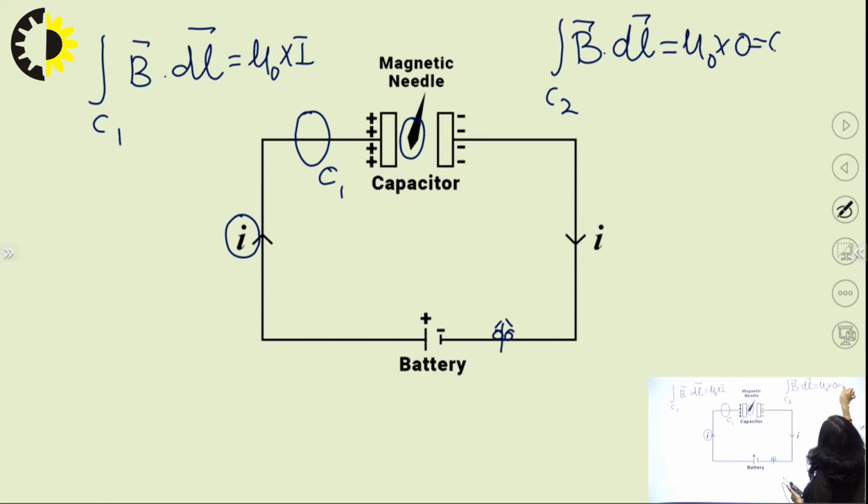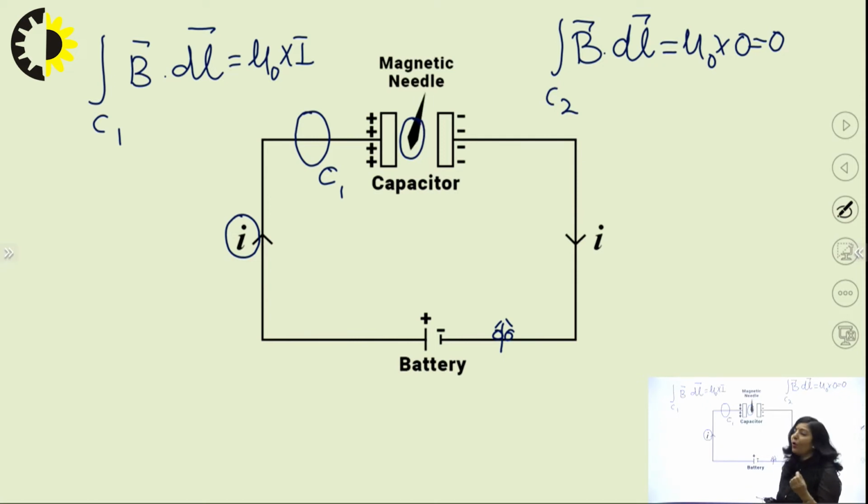So if mu naught times 0 is there, it means according to Ampere's law, there cannot be any magnetic field in this loop C2. For loop C1, you have magnetic field, and the reason of that magnetic field is also clear. Reason of magnetic field is actual flow of charge, or that current which is there in those connecting wires.